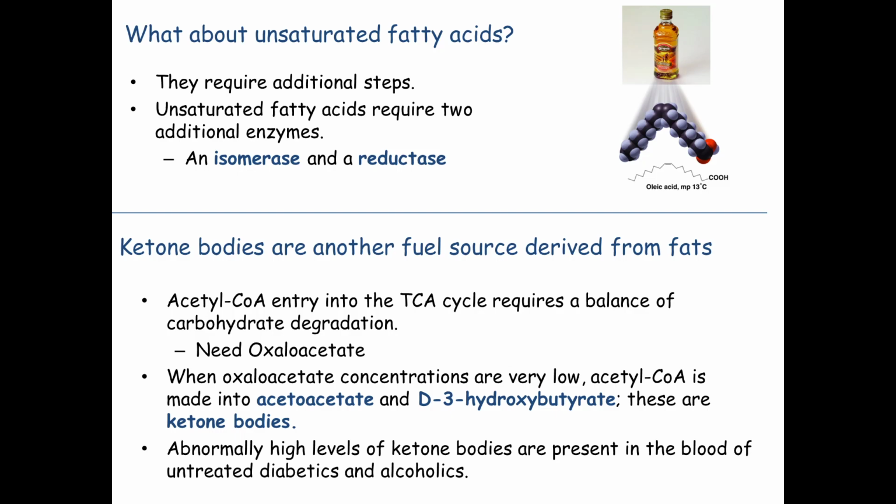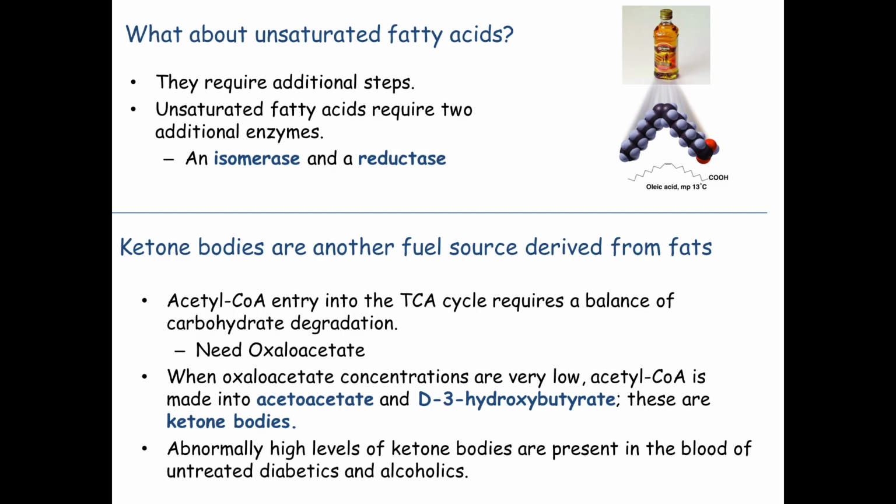And if it's at an even position, you're going to need the isomerase and a reductase to take care of the stable arrangement we're going to get. Okay, so I wrote that in the slide here. Know that we're going to need an isomerase, or an isomerase and a reductase. Right? We need both if it's at an even position. Odd, you only need the isomerase.